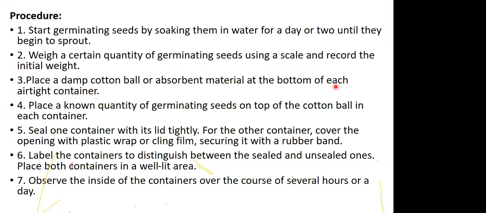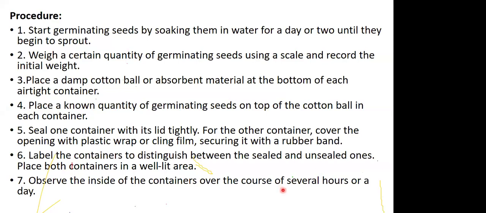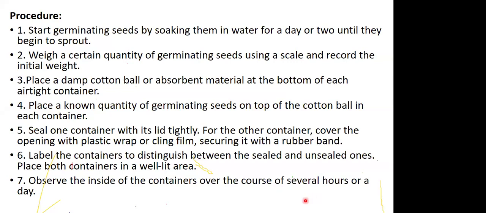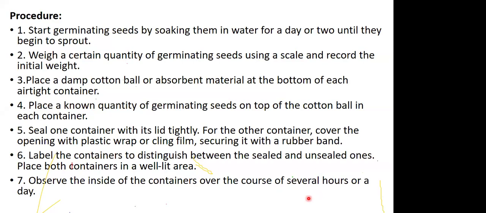Then this is the second slide. Remember, the weighing is to ensure that you have the same quantity of seeds in terms of the amount of water likely to be produced. I can proceed to the next slide.